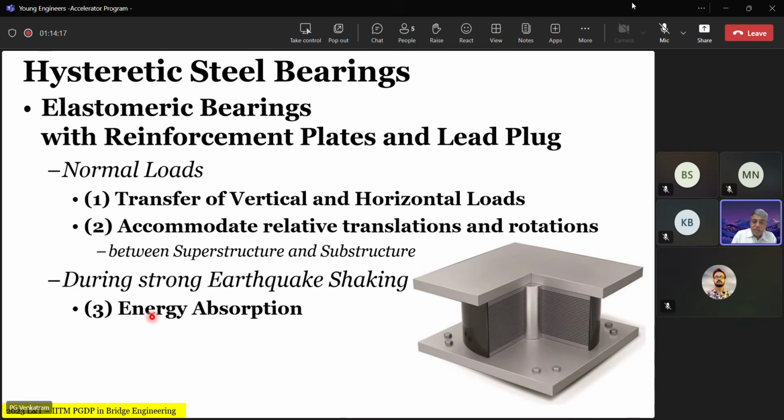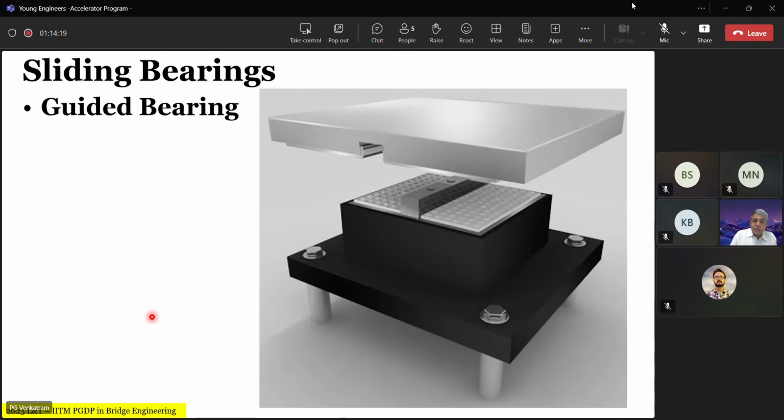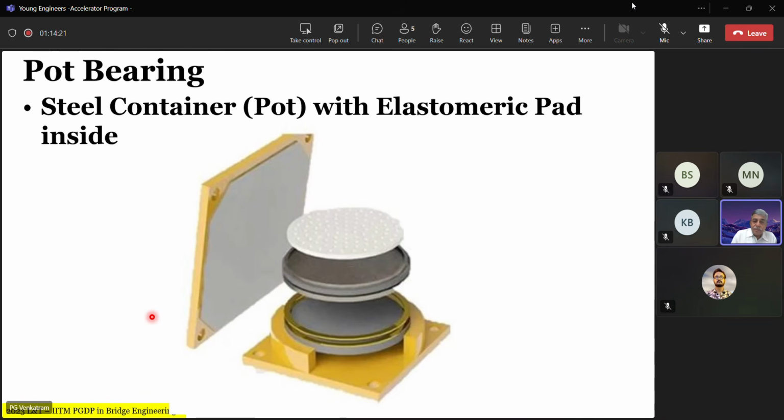But what happens in the case of a potted PTFE bearing is how this load from the whole thing works. We have assumed that the potted PTFE works for higher load. Why? Because of the confinement of the elastomeric disc. What does confinement mean?